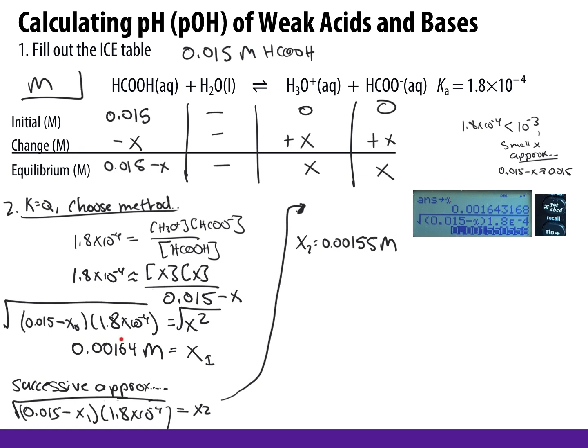So I stored this previous solution to the variable x using my store and x key, and then I have my square root of 0.015 minus x times 1.8 times 10 to the minus 4, and that gave me my new value of x.